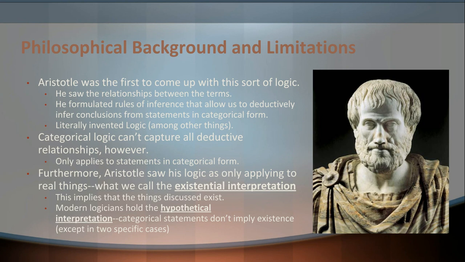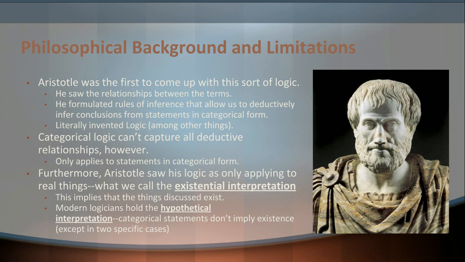Furthermore, it's also worth noting, just as a philosophical note, that Aristotle saw his system of logic, this categorical logic, as only applying to actual, real, existing things. He held what we might call the existential interpretation of categorical sentences and statements.